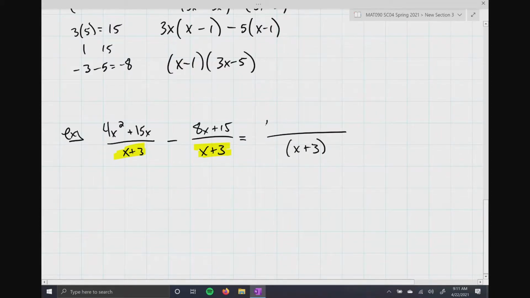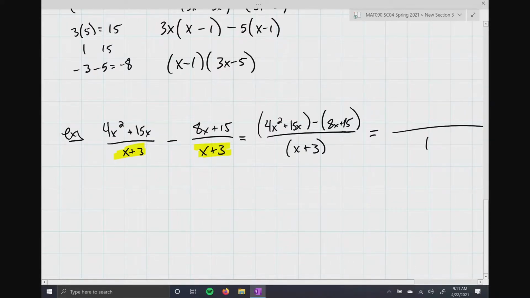And I'm going to write out the entire numerator by putting each numerator in parentheses. And if you notice, that only took me 1 second extra to do that. So don't be lazy and do it. Okay? From here, we're going to distribute the negative, okay? And we're going to just write out the numerator again.